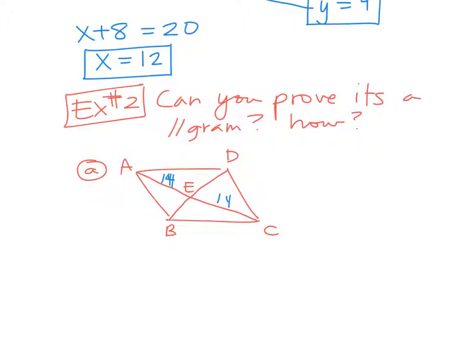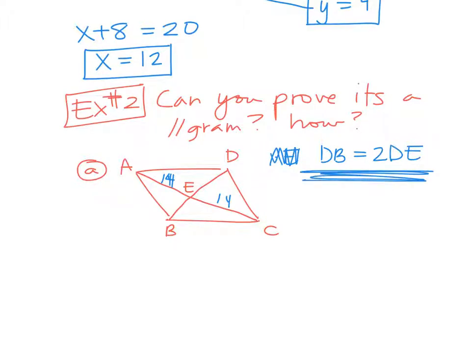Sorry, that's kind of messy. And I tell you DB is 2 times DE. Okay, so you're given this information, and you're given 14 and 14.